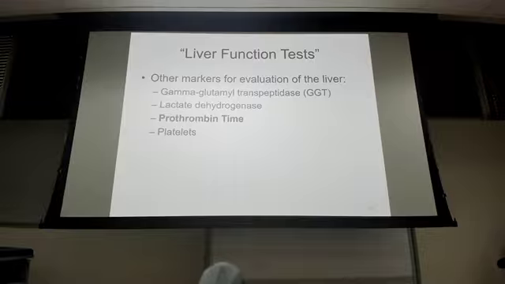All right, so those are just 4 more that, if they're not included in your panel for your facility or whatever lab you're using for LFTs, are further markers that we want to order to give us those diagnostic clues as to what may be going on with our patient in liver or gallbladder or pancreas disease.